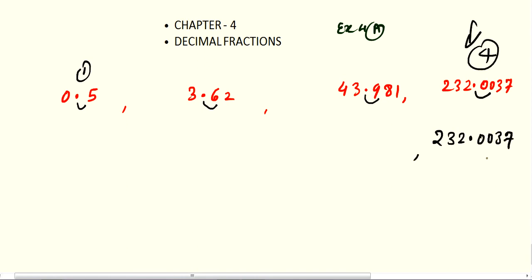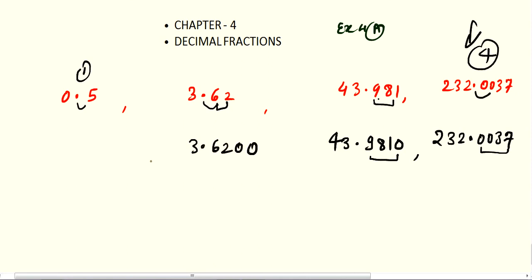Clear? Now after decimal you are having four places, but what about this? We are having three places here, so write 43.981, then add 0. Now as you can see you are having four places. Then what about this? Only two places? Don't worry, 3.6200.